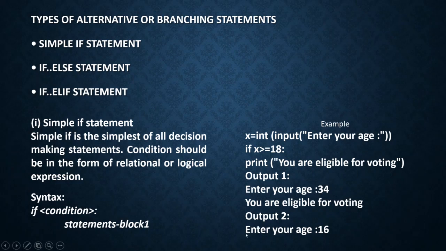But when we enter the age 16, we never get an output, because 16 is less than the age 18. As per the Indian rule, 18 years of age is the eligible age for voting. So when we enter the age 16, we will not get any output.